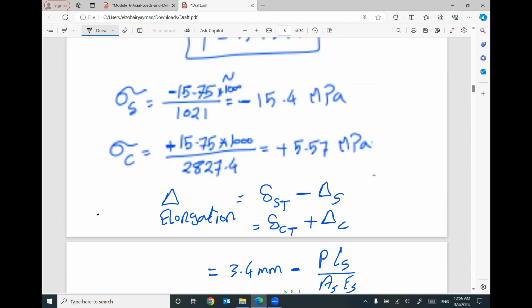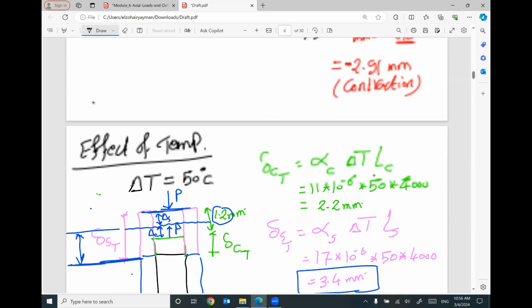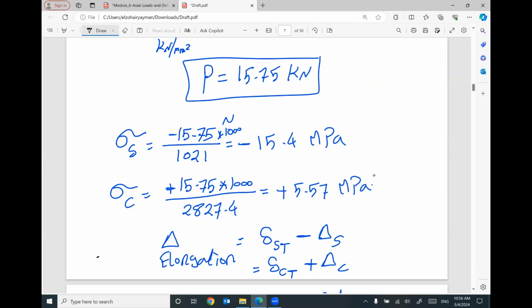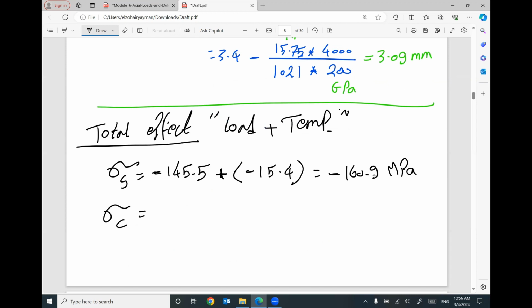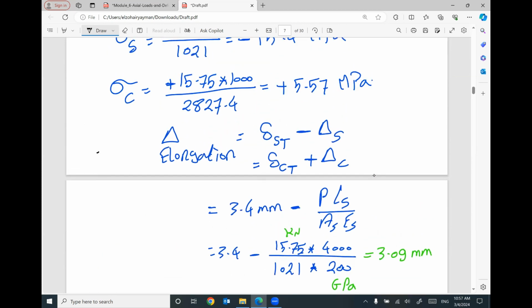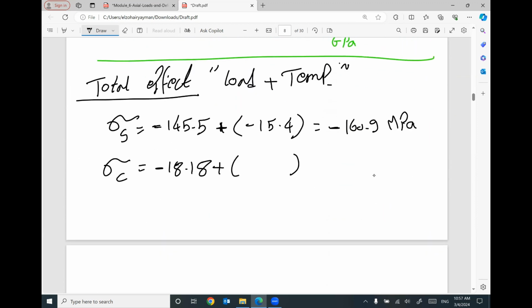The stress in concrete due to the applied load was, you remember, negative 18.18, and the stress in concrete due to temperature was positive 5.57. So the final will be negative 12.61 megapascal.